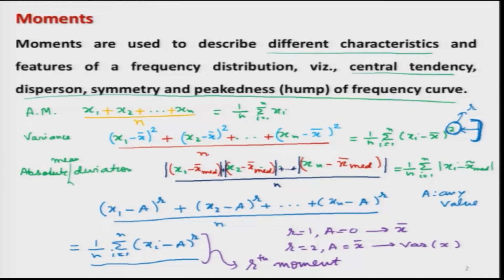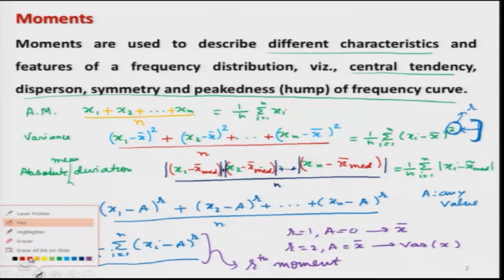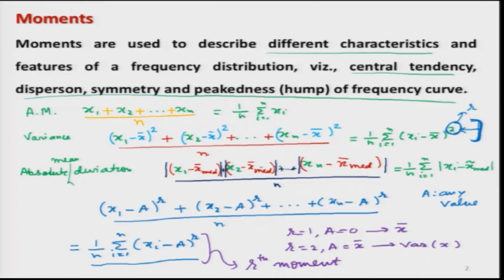And if you want to define the same quantity for, say here, some grouped data, then this can be simply expressed as summation of fi, i goes from 1 to k class intervals, fi times xi minus a raised to the power of here r and so on. So, now this is the basic idea behind defining a function which is called a moment.